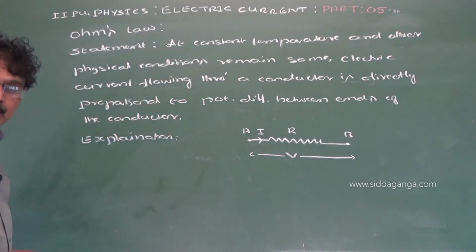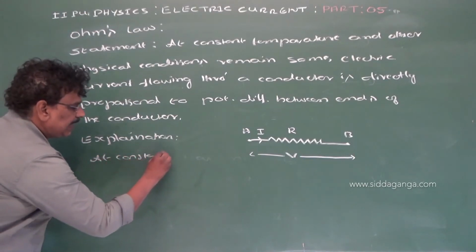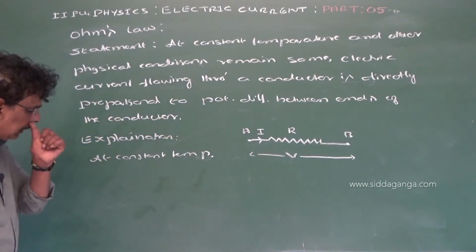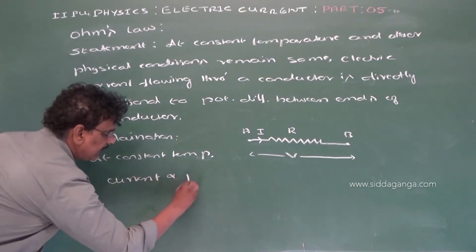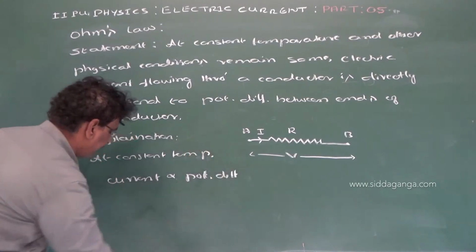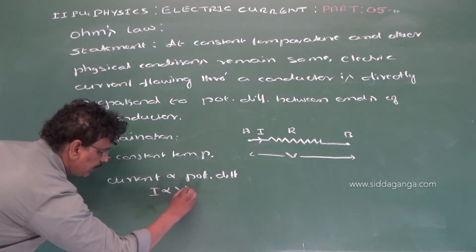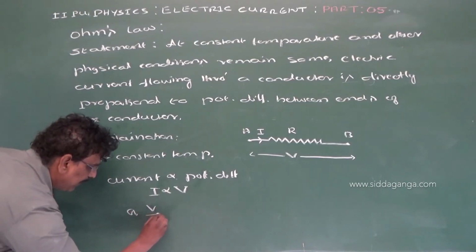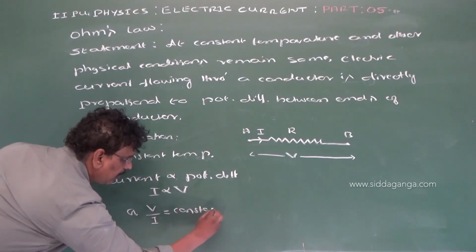Now, according to Ohm's law, at constant temperature, and of course other physical condition remain same, current is directly proportional to potential difference. That is, I is directly proportional to V, or V by I is equal to constant.